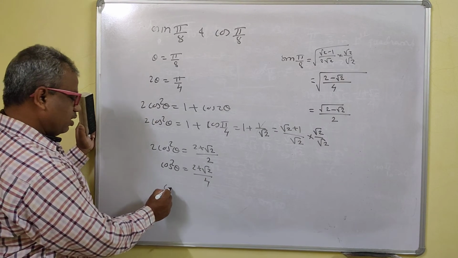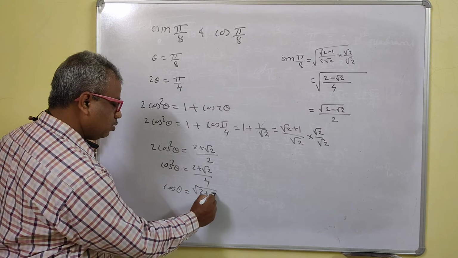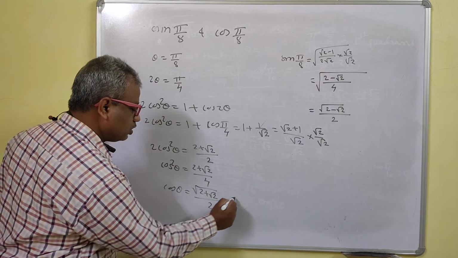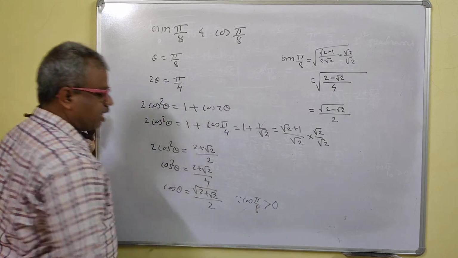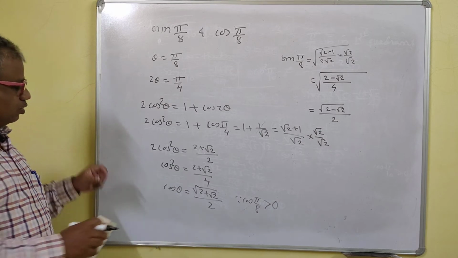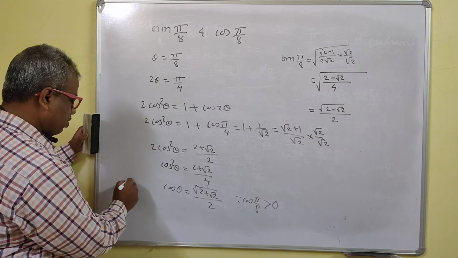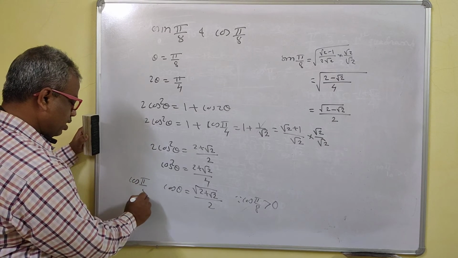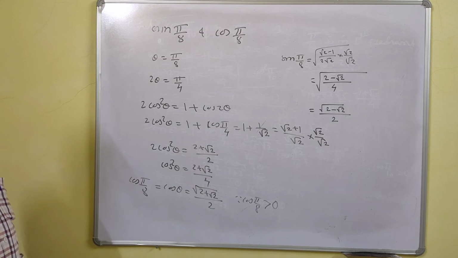So cos theta is equal to, we will take the positive root, root of 2 plus root 2 upon 2, since cos pi by 8 is greater than 0, because we are not taking plus or minus here. Therefore cos pi by 8 is equal to cos theta, which is equal to this.